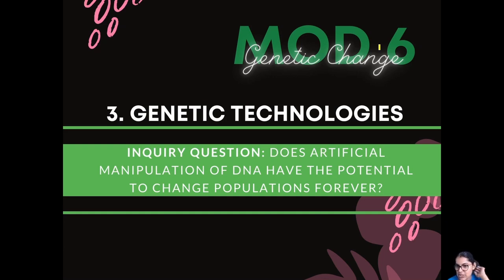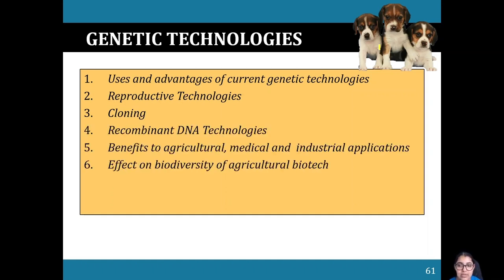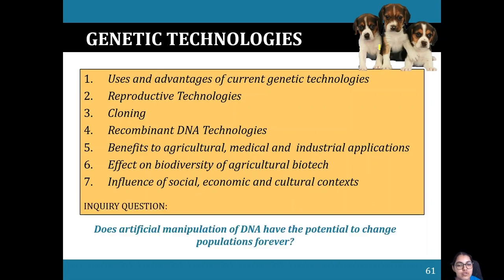So here we are, genetic technologies. Does artificial manipulation of DNA have the potential to change populations forever? We're going to discuss the uses and advantages of current genetic technologies: reproductive technologies, cloning, recombinant DNA technologies, benefits to agricultural, medical and industrial applications, the effect on biodiversity of agricultural biotech, and the influence of social, economic, and cultural contexts.